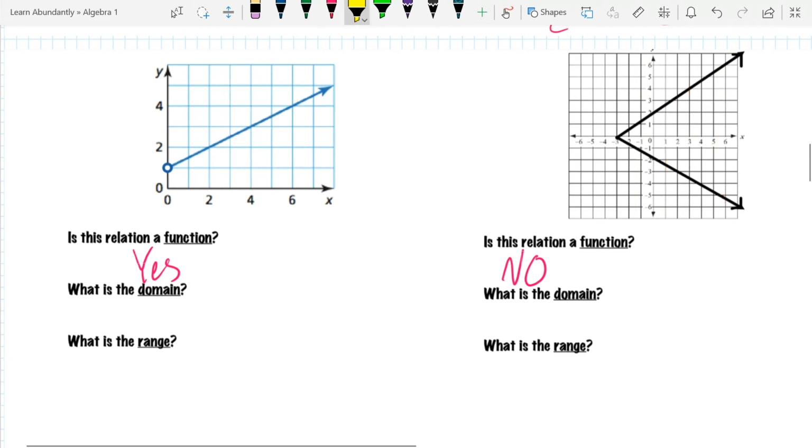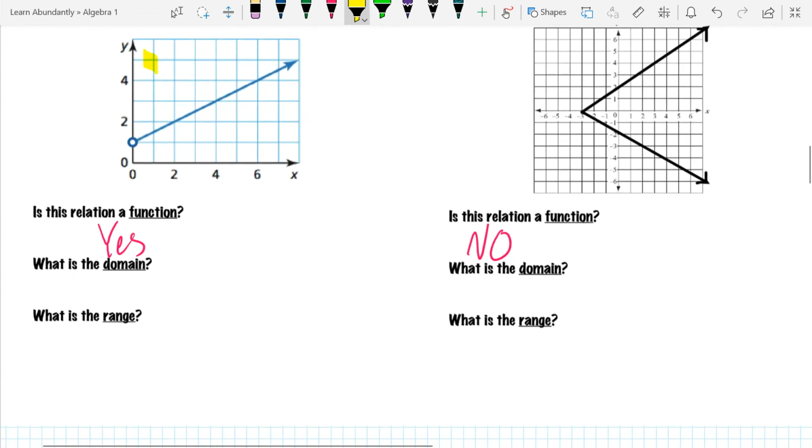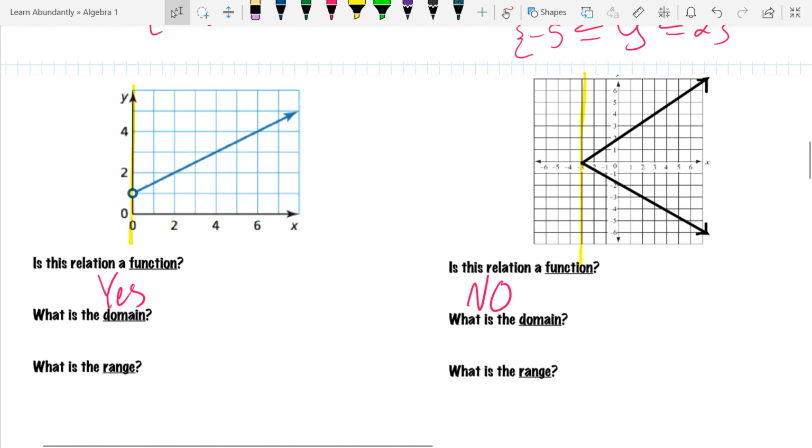Next, let's talk about domain, the furthest left. And I want you to notice something about the right-hand side of this. These two functions have arrows on the end of them. So what does that tell me?